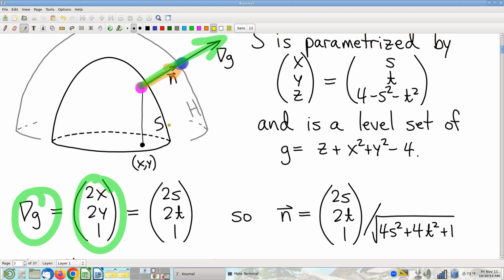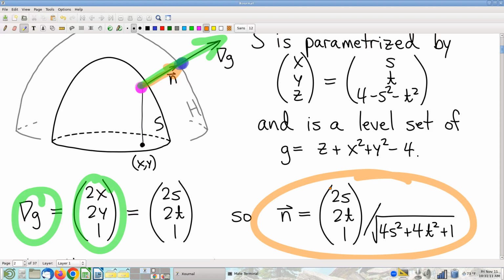The actual hairs standing on this person's head are of length 1. And so to get this normal vector, I have to normalize the gradient. So we divide the gradient by its own length, and we get that. You see here we're taking the gradient, dividing by its magnitude, and that gives us this n vector.